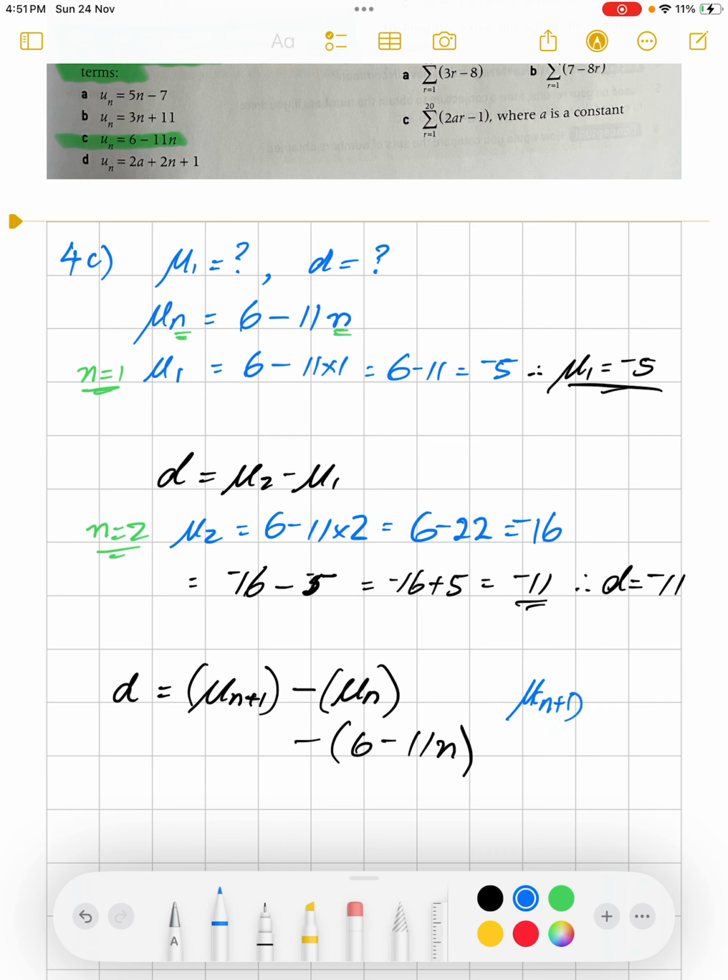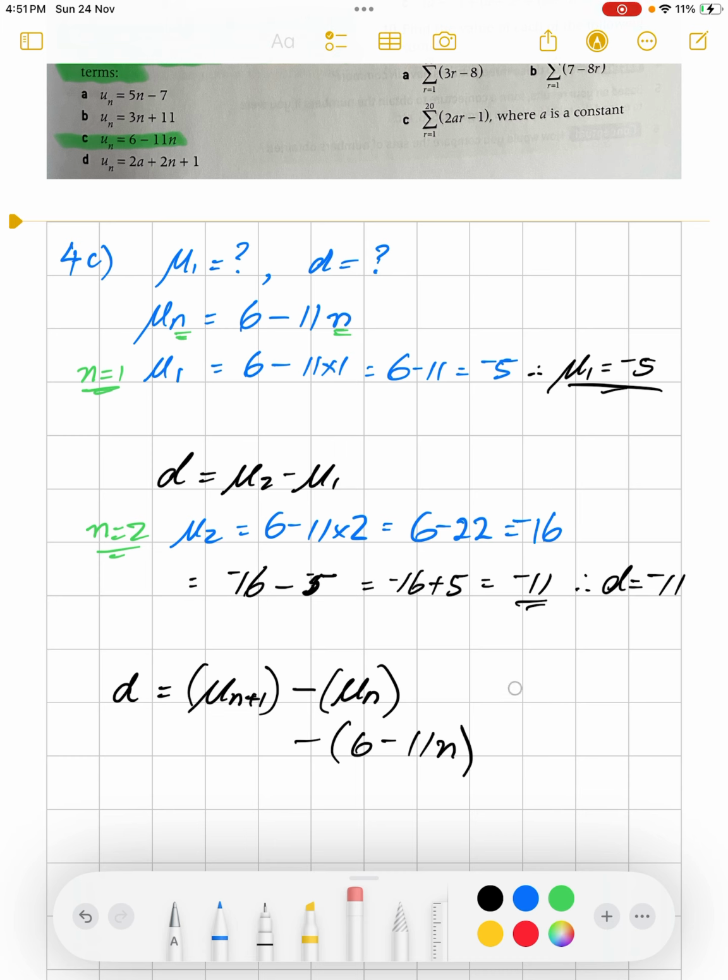The n plus 1th term equals the first term plus n plus 1 minus 1 times d. Actually, no, we'll put n plus 1 into our formula. So let's do this here.